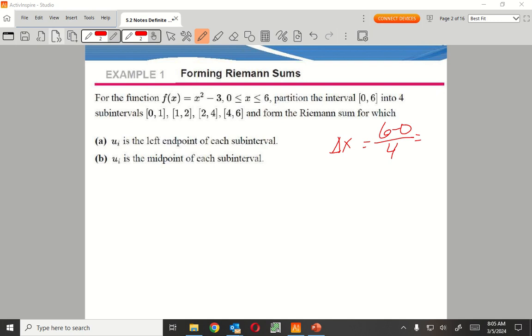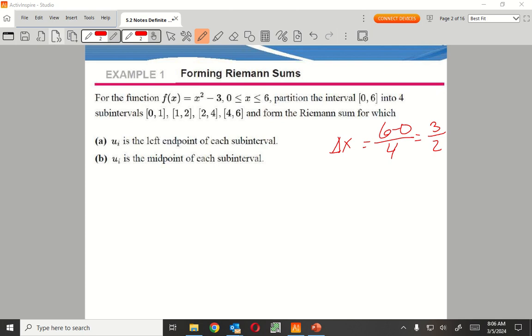That's super important, because sometimes it's going to give you a table, and you have to use the table with the left side and the right side. But this one, everything's already given to you, so you do not have to do this. In my case, if I were to do it, this would be 3 over 2, into 4 subintervals. So there are the subintervals. Use the left endpoint of each subinterval.